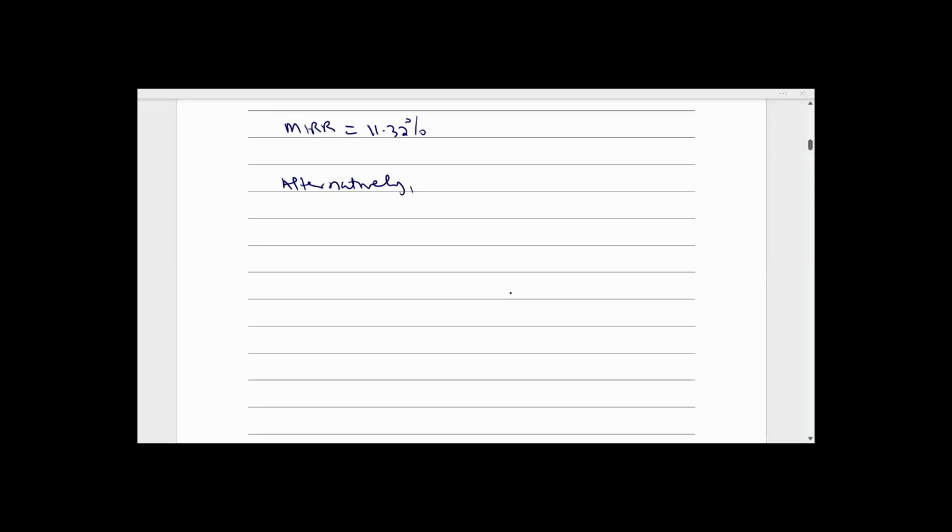So I would then say calculating present value of cash inflows. We've already calculated the present value of cash outflows.